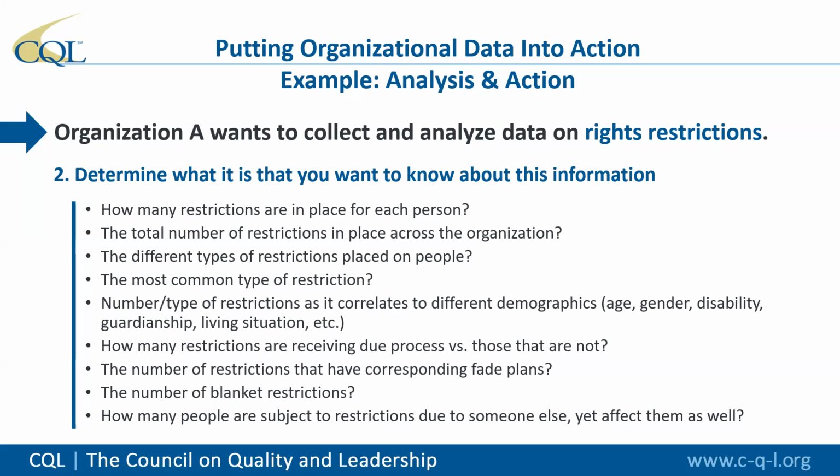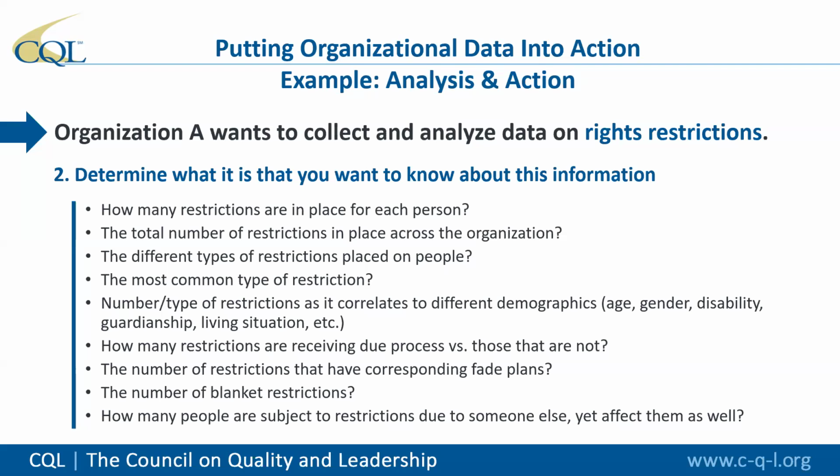So with this information, you might determine that you want to look at how many restrictions are in place for each person, the total number of restrictions in place across your organization. You might look at the average number of restrictions in place for people, the different types, the most common type, maybe the number and type of restrictions as it correlates to different demographics, such as age.